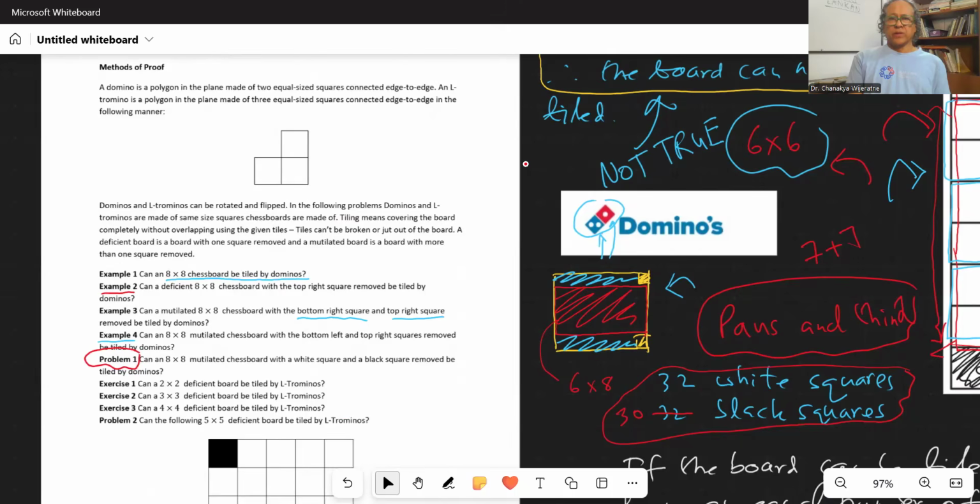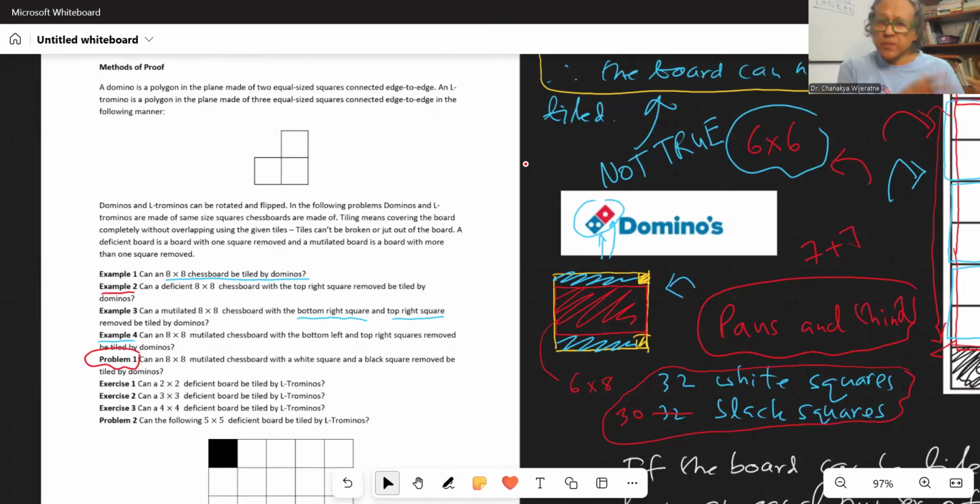Right. So one white, one black removed. And it doesn't say which white and which black. So it means that irrespective of what we select, the white and the black, we had to find out whether it can be tiled by dominoes, right?